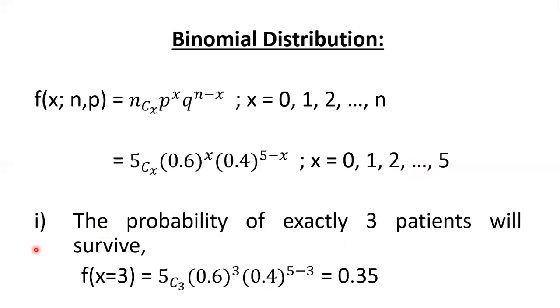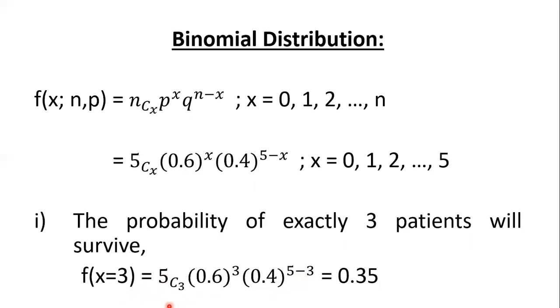Now the question Roman 1. The probability of exactly 3 patients will survive. That is, here the value of x equal to 3. So we can write the probability function of binomial distribution f of x equal to 3 equal to 5C3 into 0.6 whole to the power 3 into 0.4 whole to the power 5 minus 3.